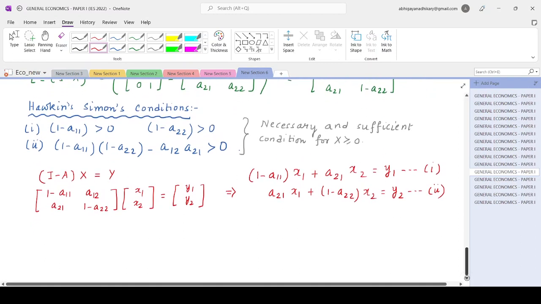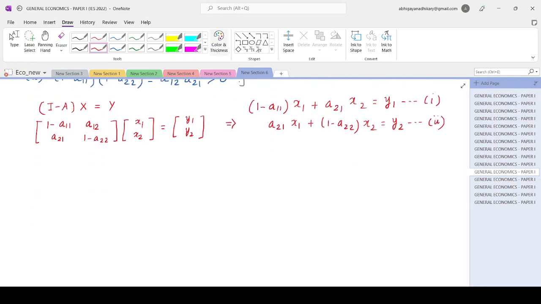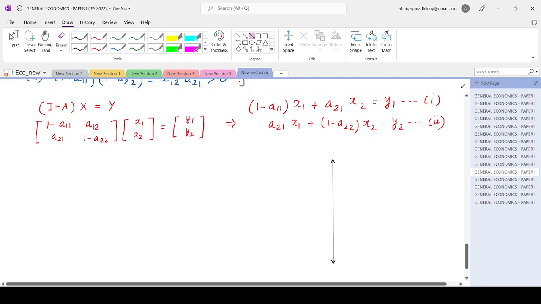And now we want to graphically illustrate the Hawkins-Simon condition. So let us first draw a graph over here. So x1 over here, x2 over here, and 0.